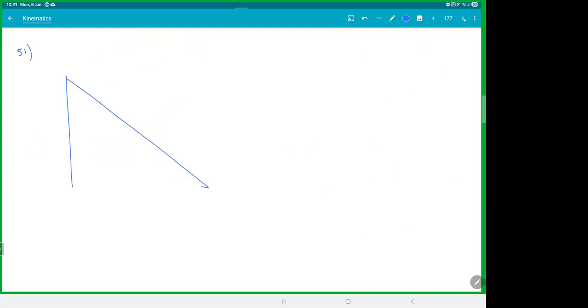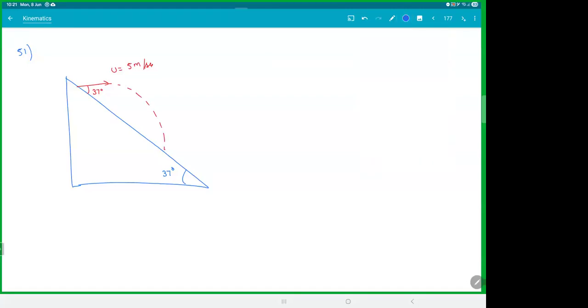This time, let's throw it from the top. Let's say this angle is 37 degrees. You're throwing horizontally with u equal to 5 meter per second. This is also 37 degrees. This thing comes and falls somewhere here.